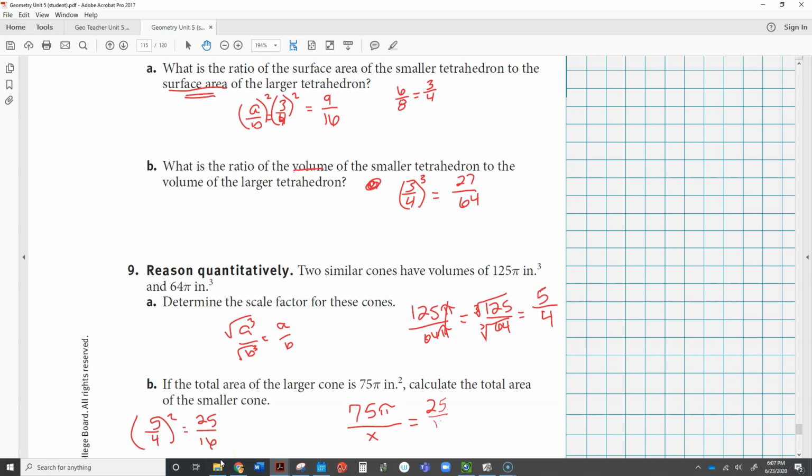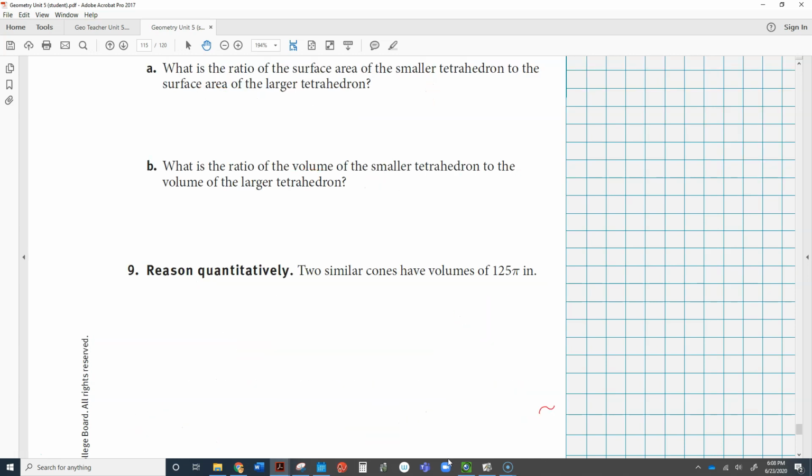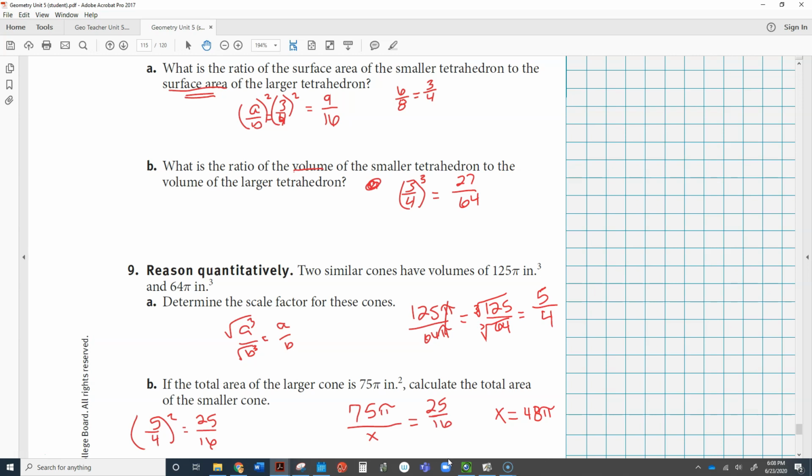So 25 over 16. Now I cross multiply and divide. So 75 times 16 divided by 25 leaves me 48 pi. Now I did one thing that I was careful of, and I wanted to make sure that you caught that I did this. They said this is the larger one.